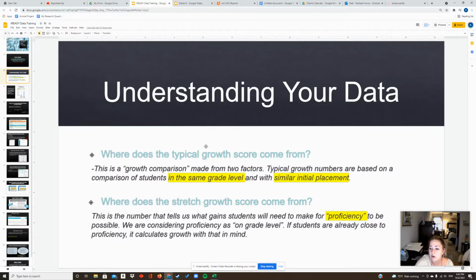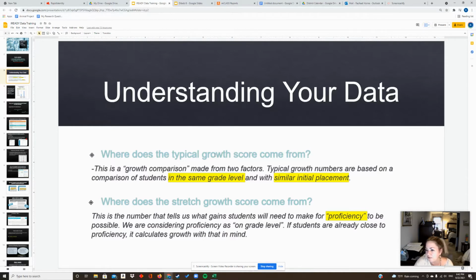So, within their time with you, here's the expected growth for that time. So, that's typical growth. Stretch growth is closer to the +2. Stretch growth is not only did they meet what we wanted them to in a year's worth of time, but they also exceeded that expectation. So exceeds growth, +2.